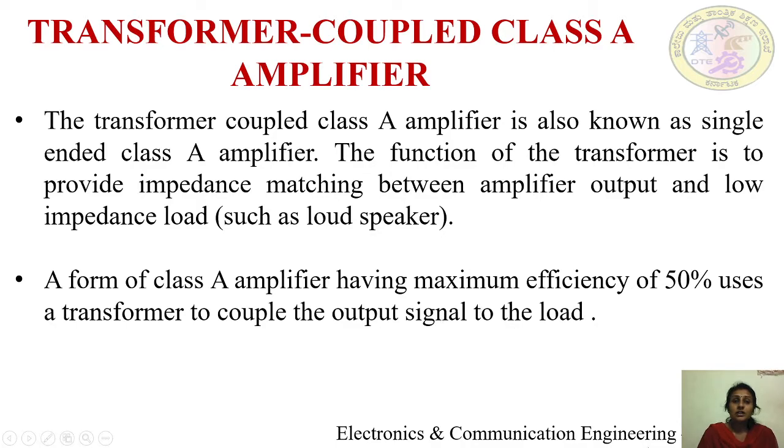The function of the transformer is to provide impedance matching between the amplifier output and a low impedance load such as a loudspeaker. A form of class A amplifier having a maximum efficiency of 50% uses a transformer to couple the output signal to the load.